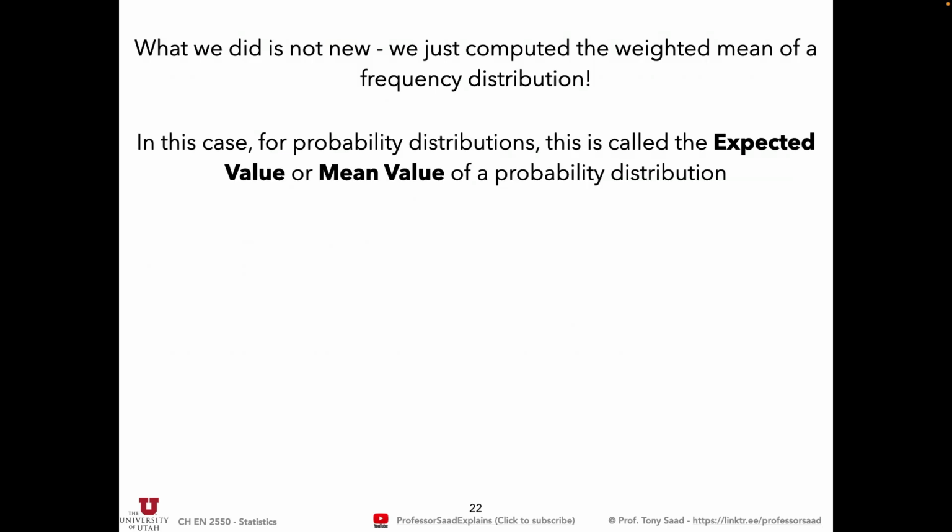In this case, it is called the expected value. We call it the mean value, but I think the word expected value has more meaning, because how much are you expected to win if you play this game for a long time?